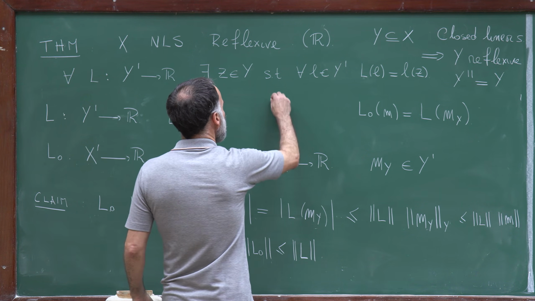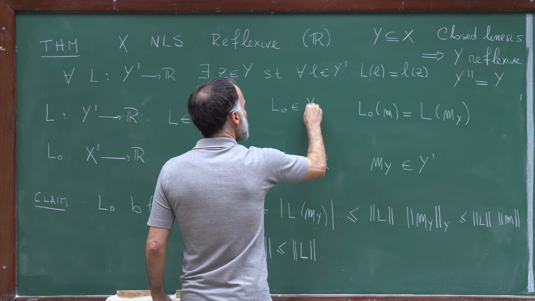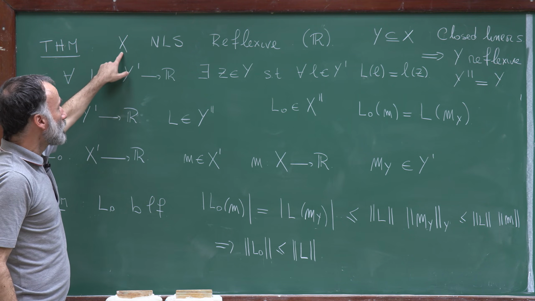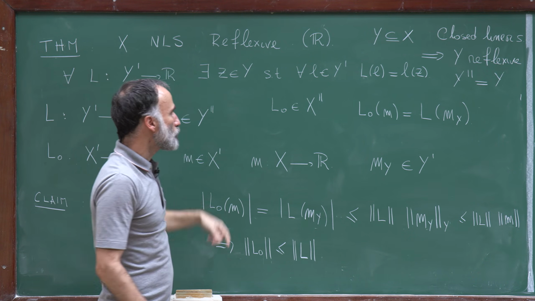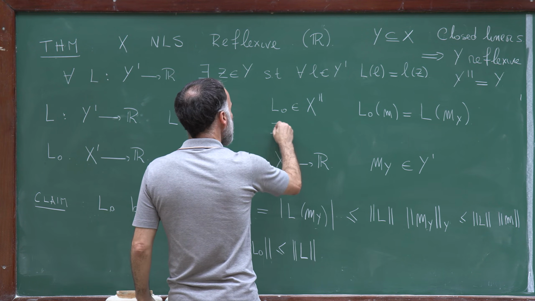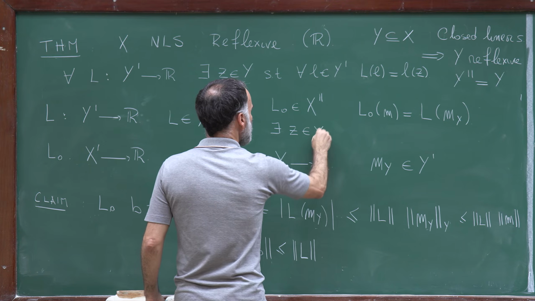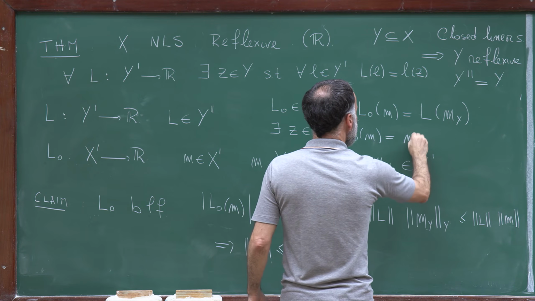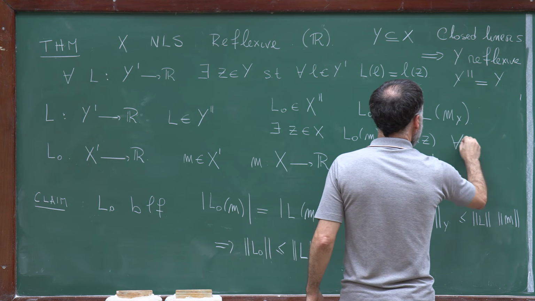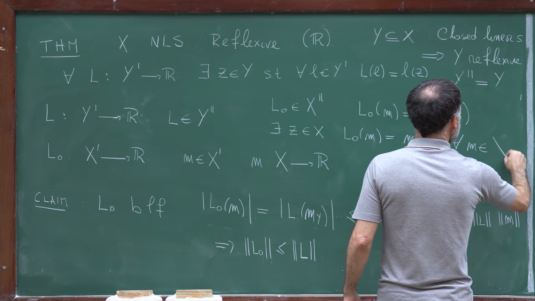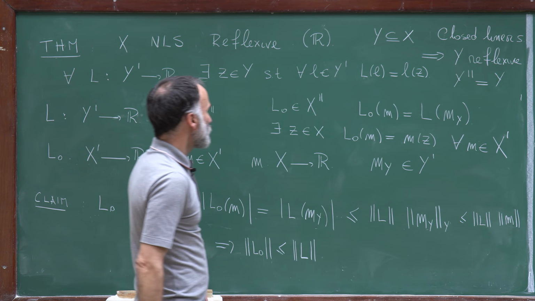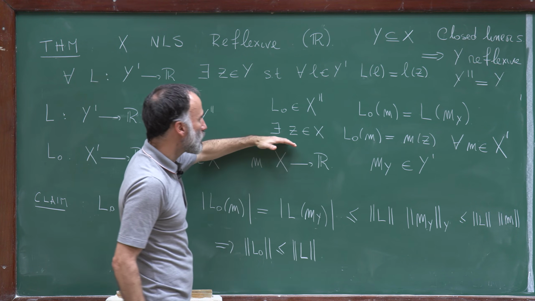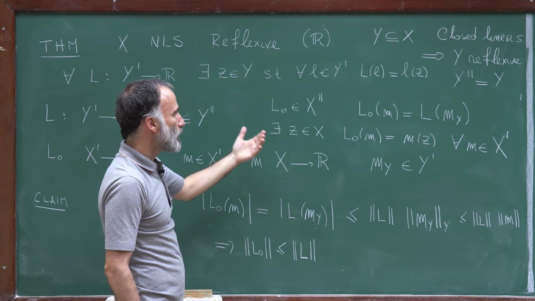So L0 is an element of X double prime, and therefore we now can use the fact that X is reflexive to say that there exists an element z in X such that L0 of m is equal to m of z for all m in X prime. Okay, so now I will erase everything and I will start from this definition. I'll keep this fact and I will continue the proof.